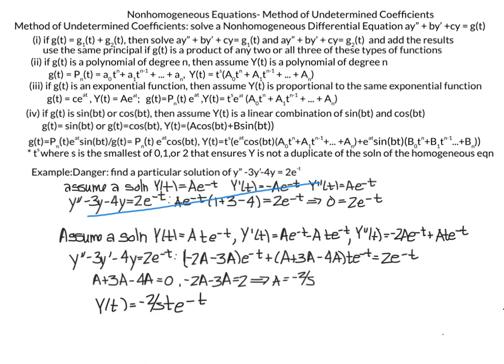So this gives me that a is equal to minus 2/5, and my particular solution is now equal to minus 2/5 t e to the minus t. And again, we multiplied the solution by t in order to ensure that our particular solution is not a duplicate of the solution of the homogeneous equation.